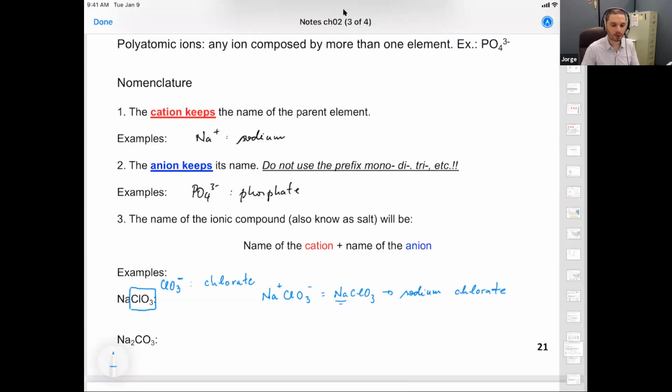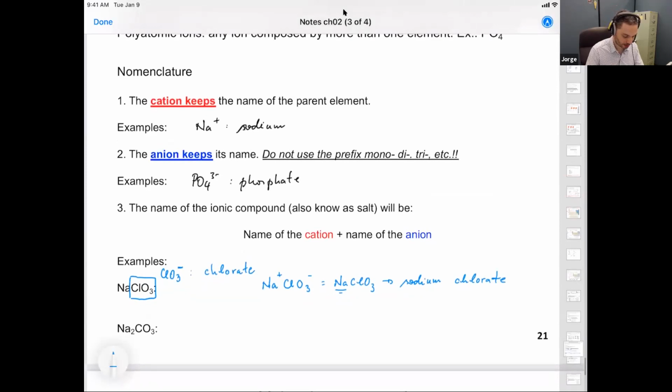Okay, so I want you to pay attention to the second example that we have here. That's going to be for the compound Na2CO3. Again, we have 3 elements in the formula, and that needs to turn on your warning light. That's probably because we have a salt containing a polyatomic ion.